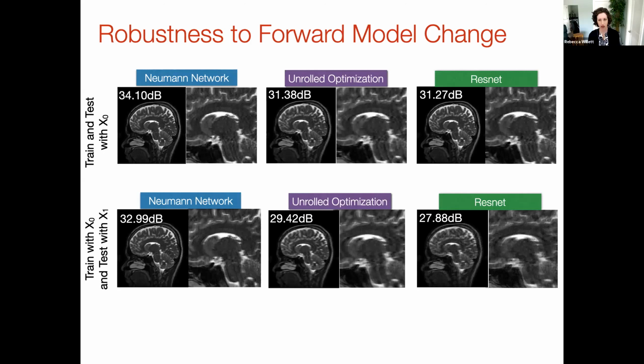And what we see here is that we do well, which is sort of what I was showing before. But on the bottom row, we've got a slightly different scenario where we train with X0, but we test with X1. So the idea here would be, for instance, that I train on scanner A, and then I want to use that learned network on scanner B, which is slightly different. And I know how it's different, but I haven't trained explicitly for it.